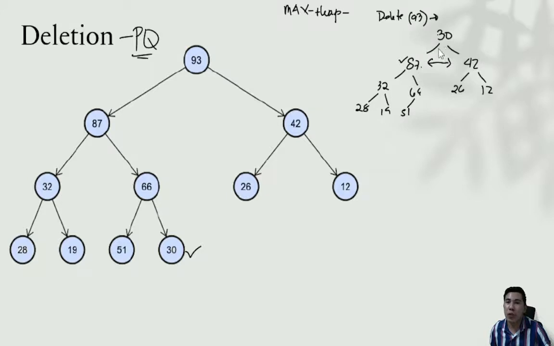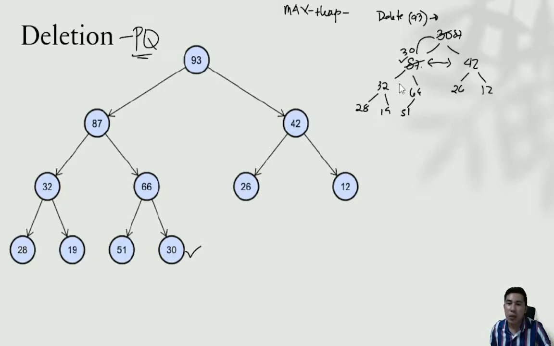So you will need to swap 87 and 30. So you have here 87 and you will have here 30. That's percolation down.